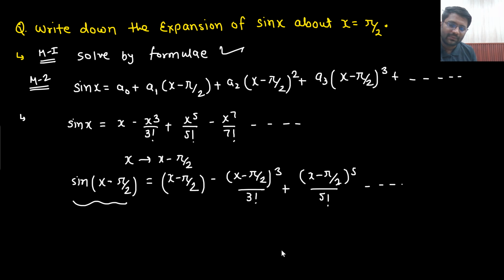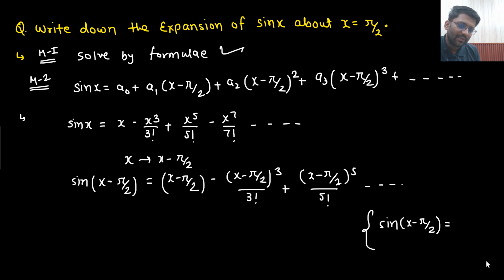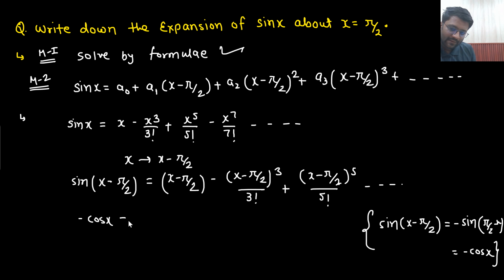Now what is this equivalent to? sin(x minus pi by 2). What is sin(x minus pi by 2)? Minus sign you can take outside, so it will become minus sin(pi by 2 minus x). It will go in the first quadrant. In the first quadrant all are positive, so it will become minus cos x. So this will be equivalent to minus cos x.